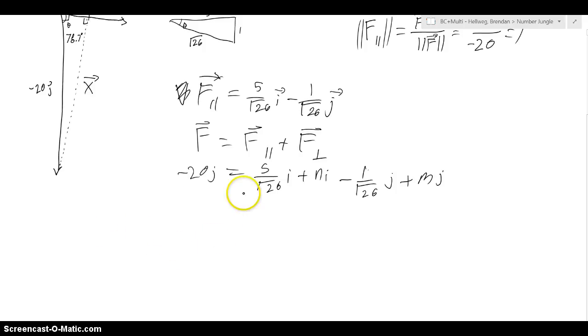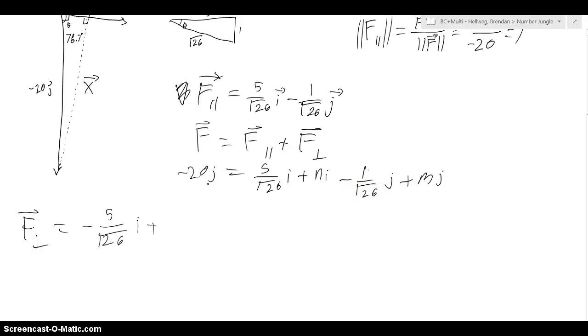So I'll just write this elsewhere. Vector F perpendicular is equal to minus 5 over the square root of 26 i plus, and this is when it takes a little bit of math whiz mathematics, we need to add something to negative 1 over the square root of 26 to get us to negative 20.